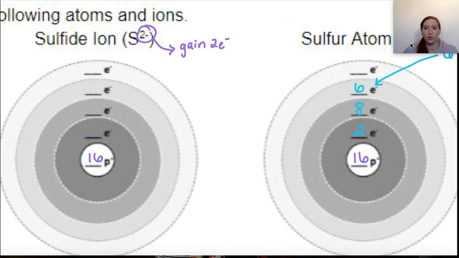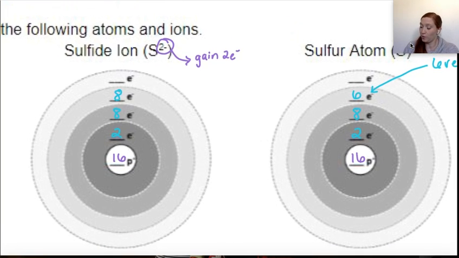Anytime you form an ion, we're going to gain or lose electrons from the valence shell. So this means that those 2 electrons are going to be added into the third energy level for our sulfide ion. So 2 electrons in the first energy level, 8 in the second energy level still. Our third energy level with the addition of the 2 electrons will now also have 8.